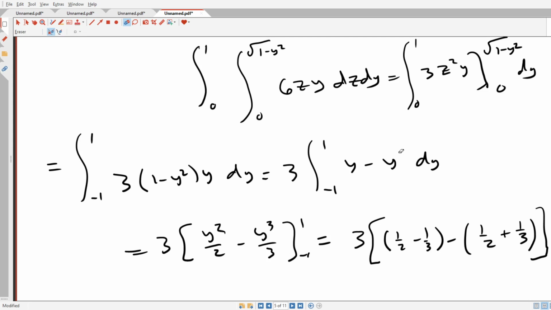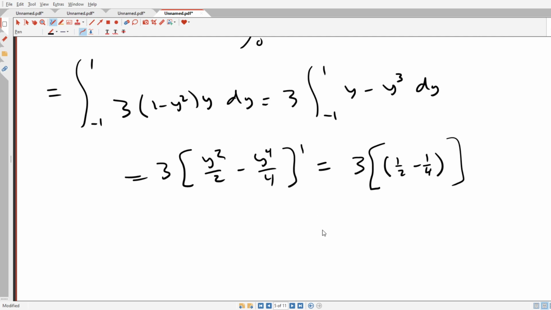Yeah, so I didn't distribute the y, so that's y cubed. Okay, so that's going to be over 4. I was right the first time from 0 to 1. Thank you very much. So that's going to be minus 1 over 4. So that's just 1/2 minus 1/4 is 1/4. So that's just going to be 3 over 4, which is the correct answer. Okay, so I had it right the first time.